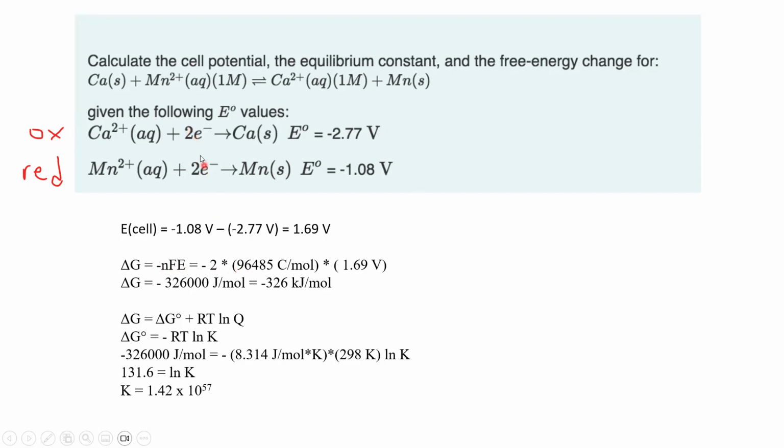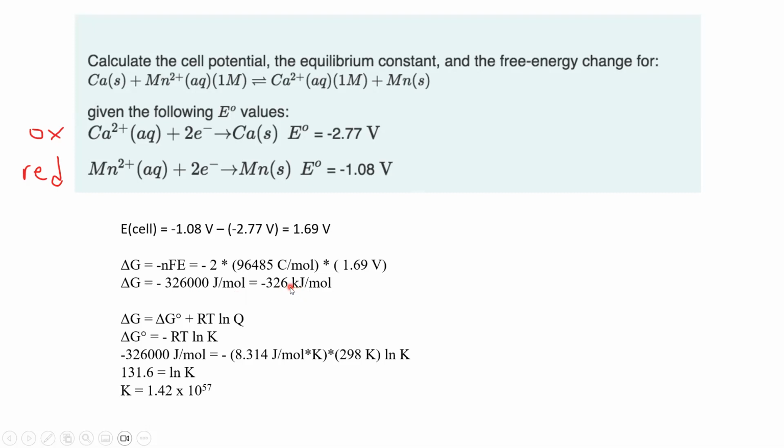So in this case, losing 2 electrons, gaining 2 electrons, times Faraday's constant, 96485 coulombs per mole, and then just times the standard cell potential, which we just solved for, 1.69. So doing all that, we're going to get a free energy change of negative 326,000 joules per mole, or negative 326 kilojoules per mole.